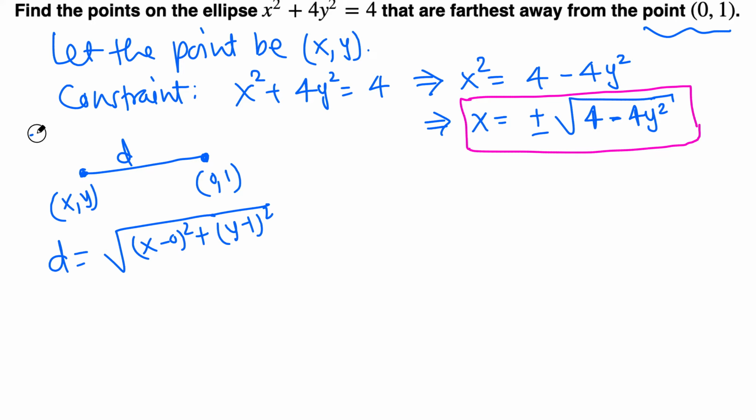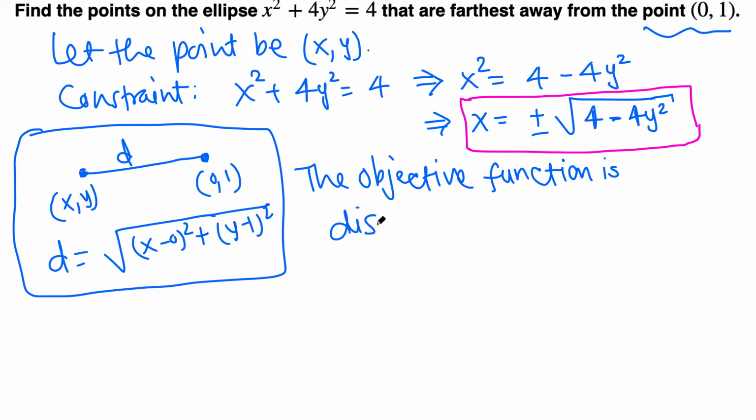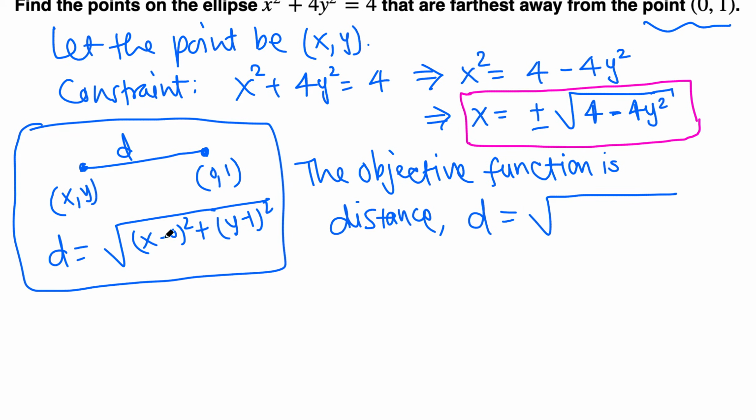Okay, so this one is kind of side work. Here the objective function is distance, because we want to maximize the distance here. Distance between (0, 1) and our to be determined point x, y, and the distance is given by this formula, pretty much x minus 0 square plus y minus 1 square, using the distance formula.